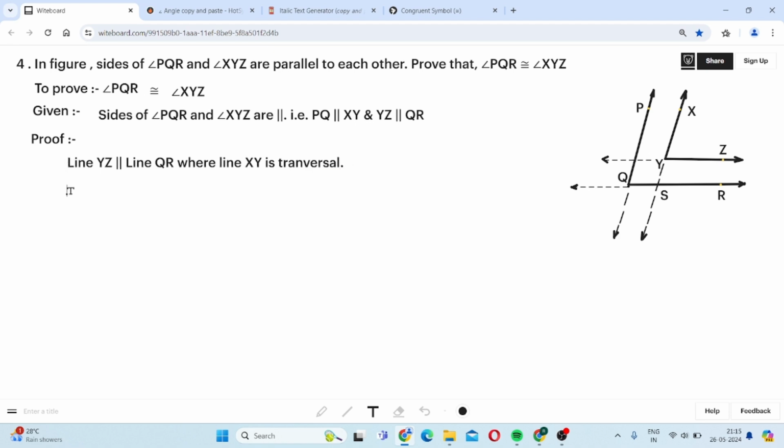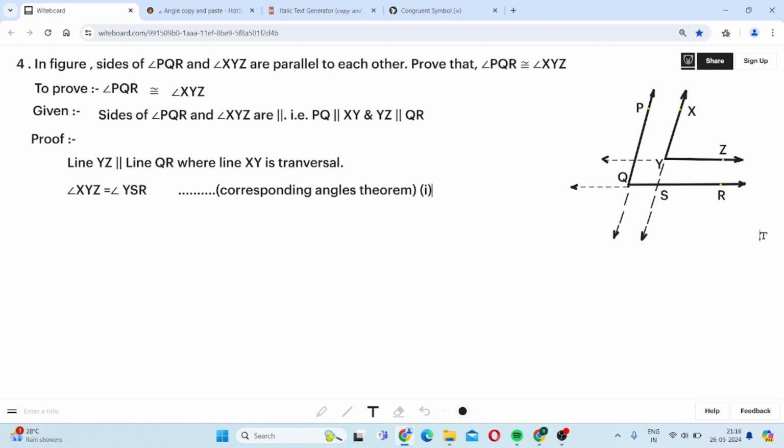Therefore, angle XYZ is equal to angle YSR. This is because of the corresponding angle theorem. We can give it as equation number 1.